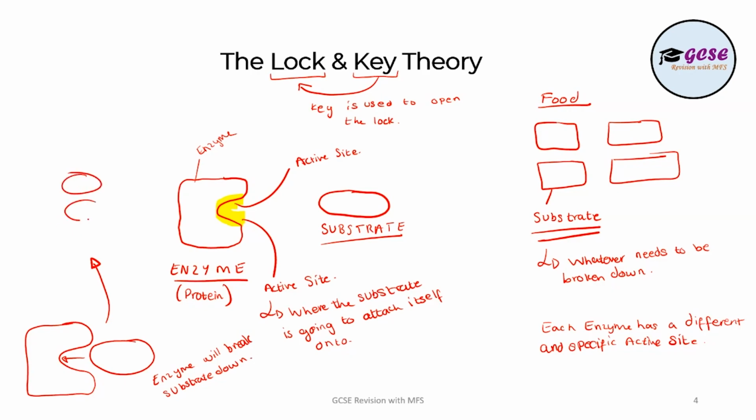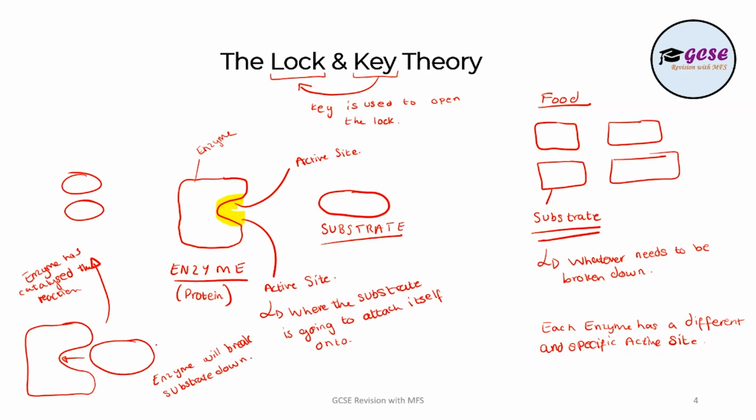Let's say in this case, it forms two smaller products. So the enzyme has catalyzed the reaction. In this case, the enzyme is breaking down the substrate into its products.